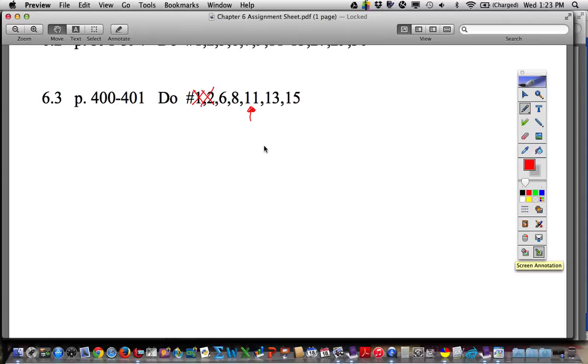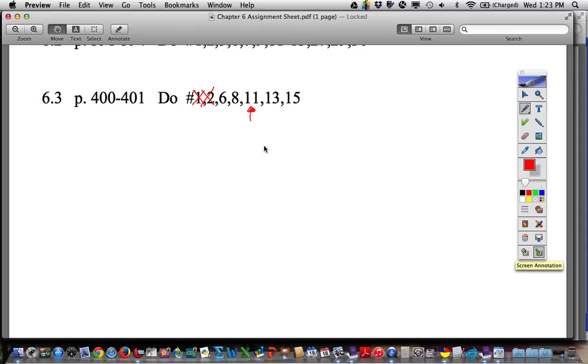So if you start with 11, it would be very similar to what we just did. They'll give you a differential equation with an initial condition, have you do, I think, 4 steps first. Then they'll ask you to do 10 steps. So you do one by hand, do one with the calculator. Then they'll ask you to verify a solution, and then they'll have you compare your answers to the exact answer. That kind of thing.